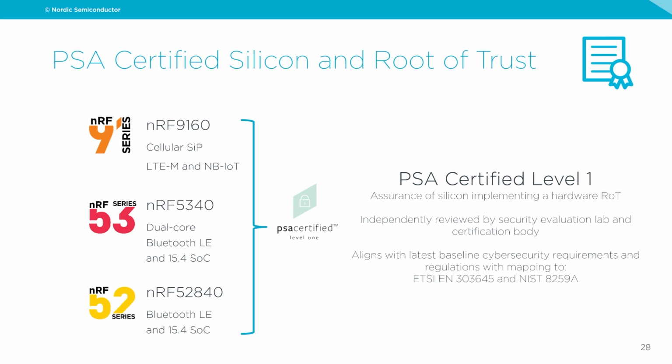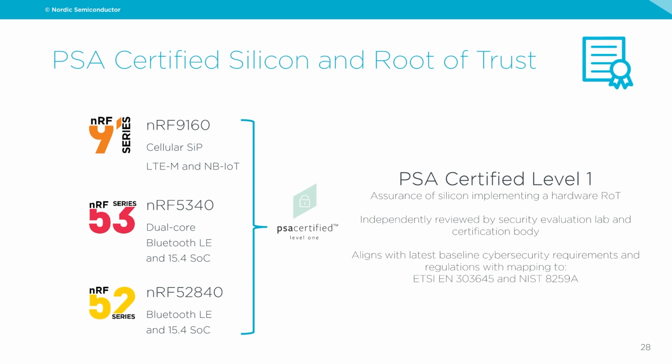This is a dual core with 2 Cortex-M33, and it supports Bluetooth Low Energy as well as 15.4 based wireless protocols such as Zigbee and Thread and Matter, which runs on top of Thread. So this is an SoC device. And then on the nRF52 series, we have the nRF52840, which also supports Bluetooth Low Energy and 15.4.